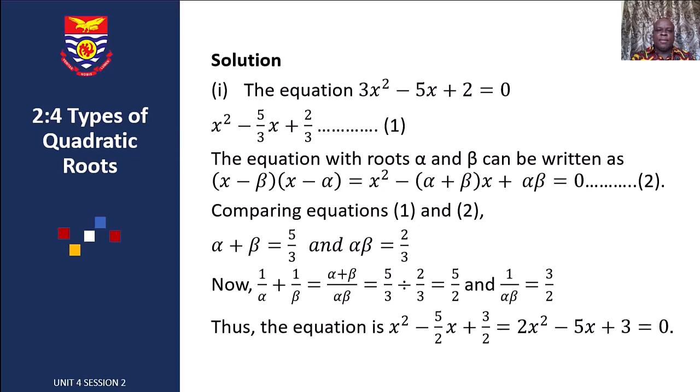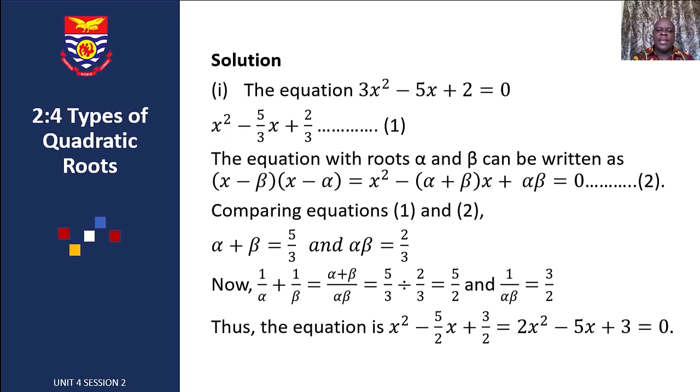The equation is 3x squared minus 5x plus 2 is equal to 0. When we look at the equation we have considered, we had x squared minus sum of roots times x plus product of roots, so the coefficient of x squared was 1. So we will first divide through by 3 to make that coefficient 1, so that we have x squared minus 5 over 3 x plus 2 over 3.